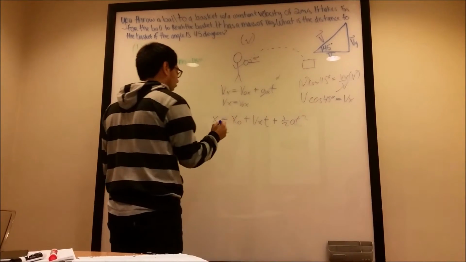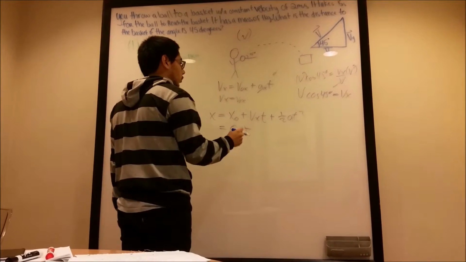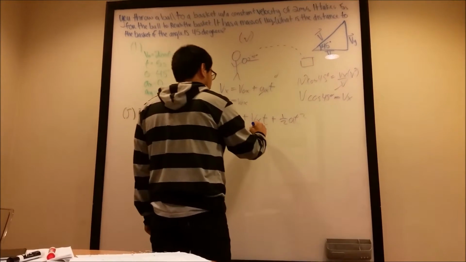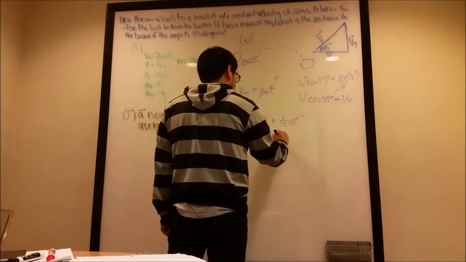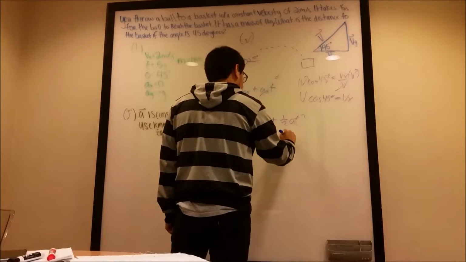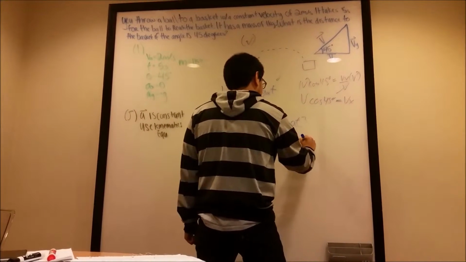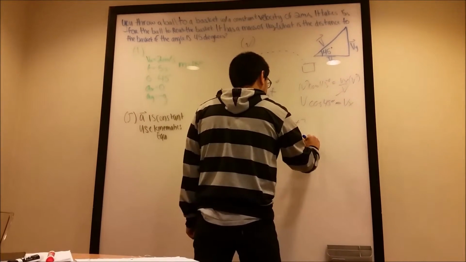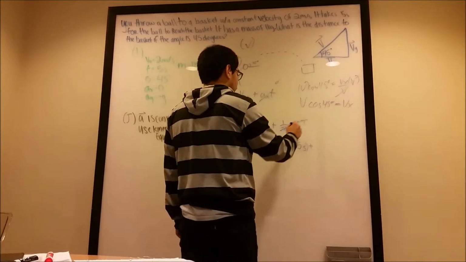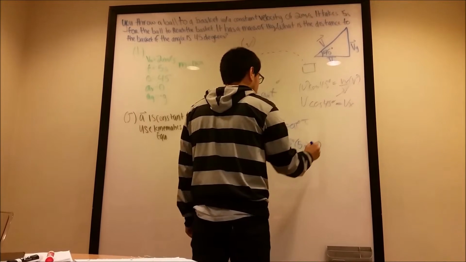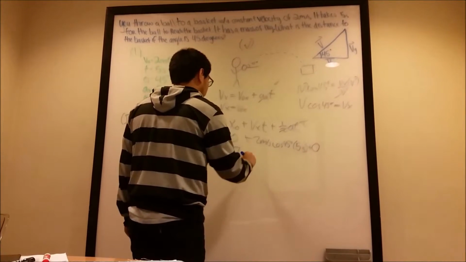Because our x initial is 0 plus our v of x, which we solved over there, so the velocity is 2 meters per second times cosine of 45 degrees times our time, which is 5 seconds. And because our velocity is constant, our acceleration would be 0, so this part cancels out. And the answer would end up being 7 meters.